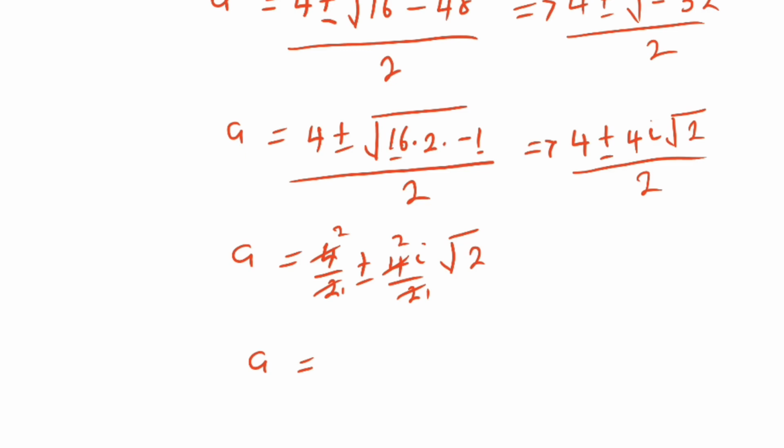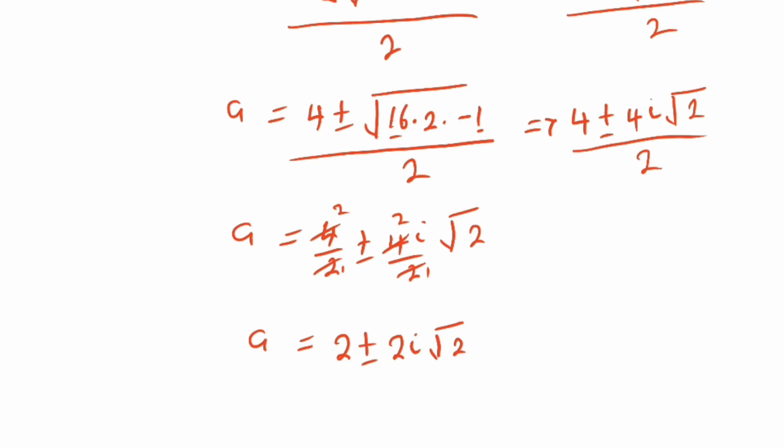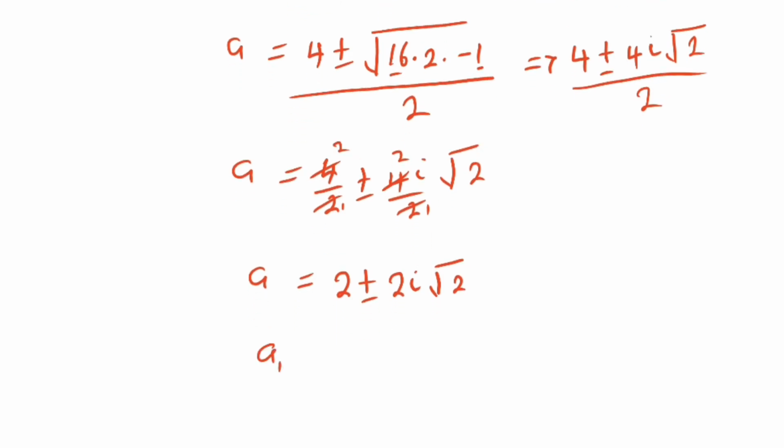A is equal to 2 plus or minus 2I root 2. Therefore, A1 is equal to 2 plus 2I root 2 and A2 is equal to 2 minus 2I root 2.